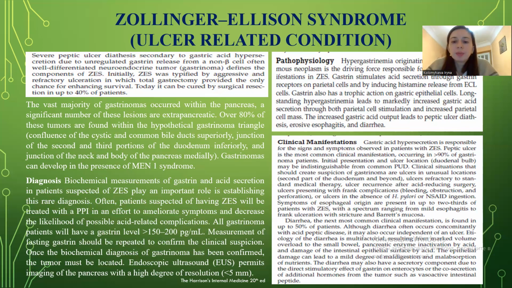The epithelial damage can lead to a mild degree of maldigestion and malabsorption of nutrients. The diarrhea may also have a secretory component due to the direct stimulatory effect of gastrin on enterocytes or the co-secretion of additional hormones from the tumor, such as vasoactive intestinal peptide.